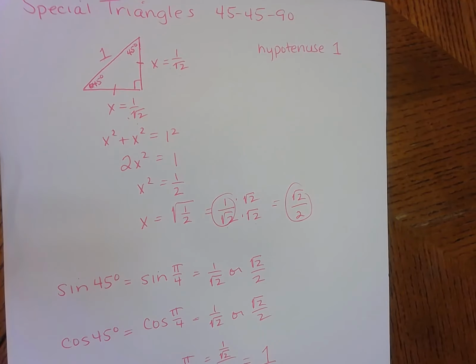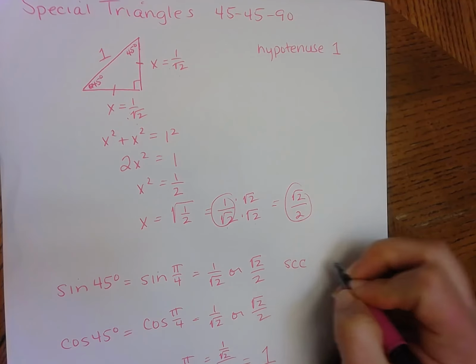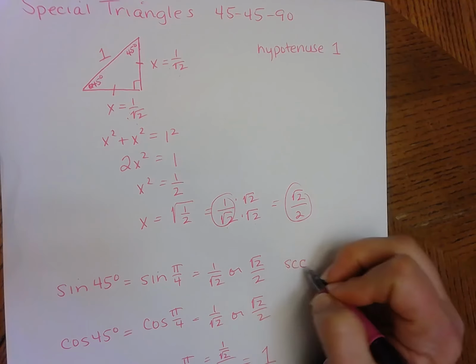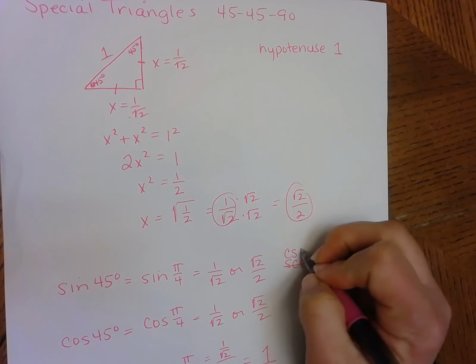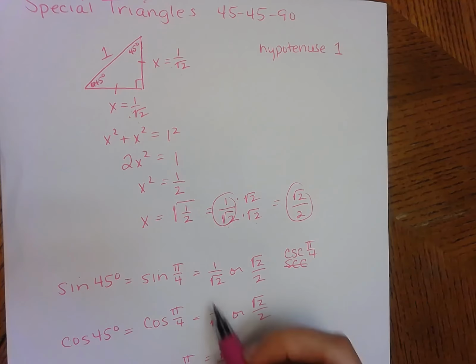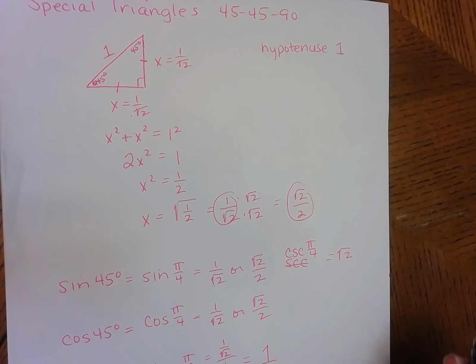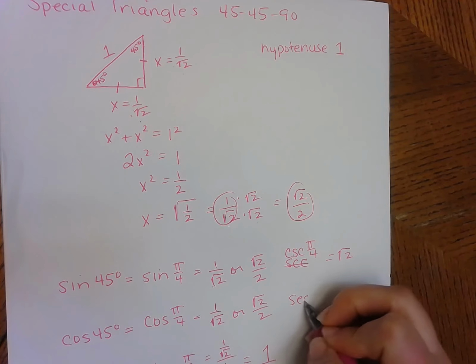Okay? So then, if I do the reciprocals, my cosecant of, oops, I completely wrote that out of order. Cosecant of pi over 4. I'm going to use this one, so when I flip it over, it's just the square root of 2. And this will also be the secant of pi over 4.